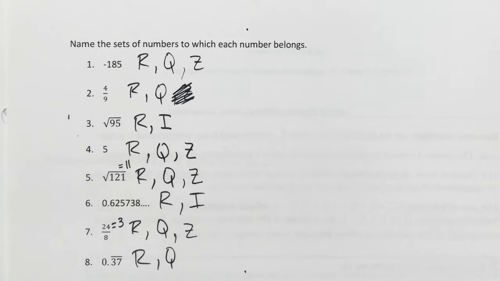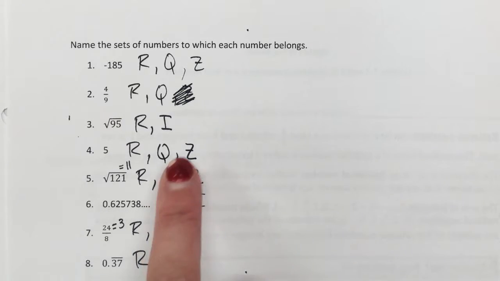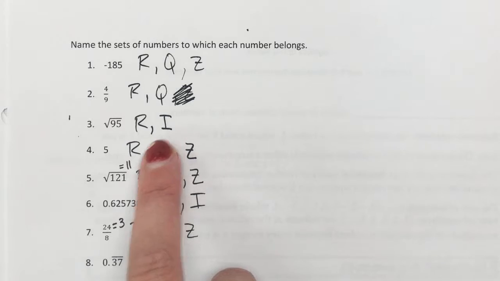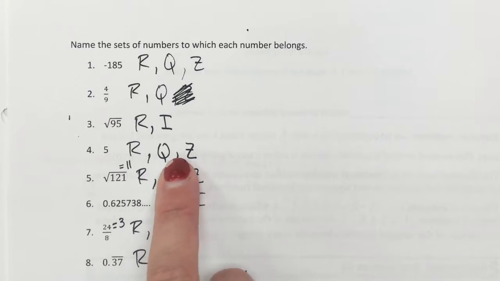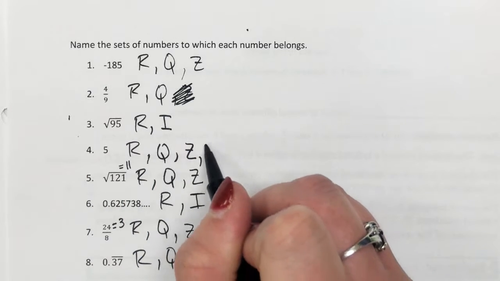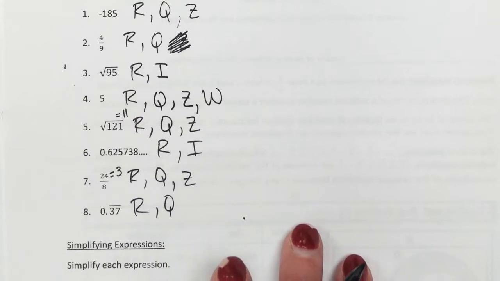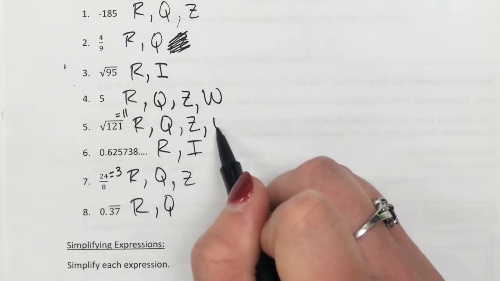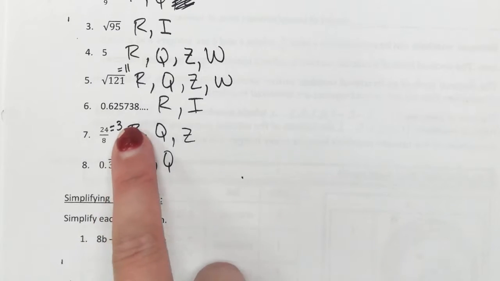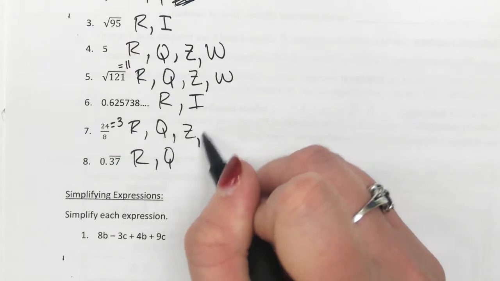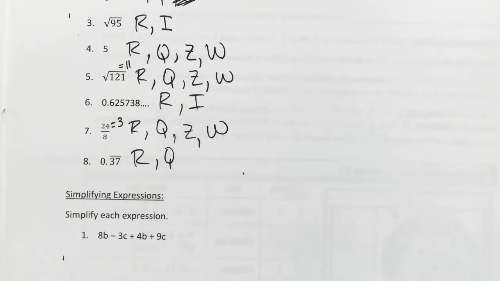What about number 3? No, it's irrational, right? I can't go any further with irrational. What about number 4? Yes, that one's not negative. What about number 5? Yes, because it reduced to 11. 6? No. 7? Yes, because it reduced to 3, right? And 8? No, right? Because it's a decimal. Okay, last one. Here we go.